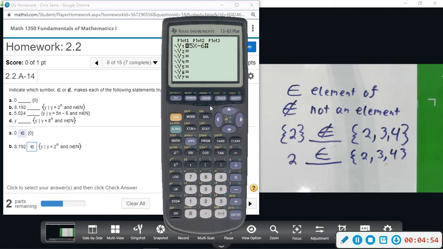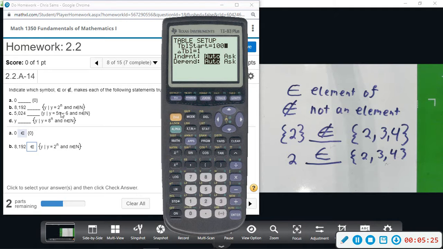And I'm going to hit second graph to see the table, and I'm going to scroll down. I'm looking for, this might take some time, I'm looking for 5,000. So let me go to second, window for table set. Let's jump down to 100 and see where we are. Because actually, think about it. We're multiplying 5 times n.